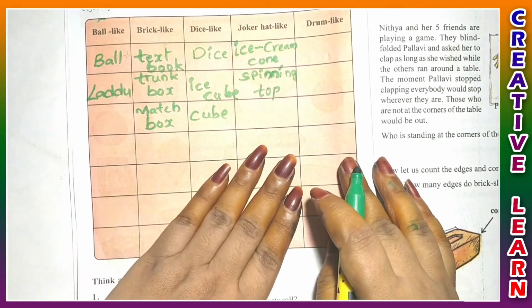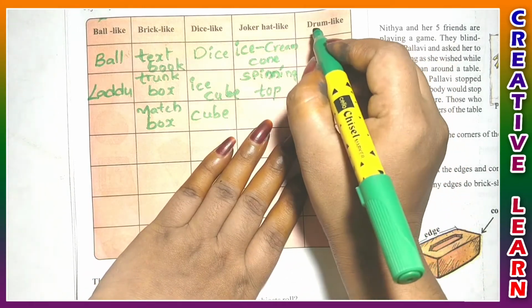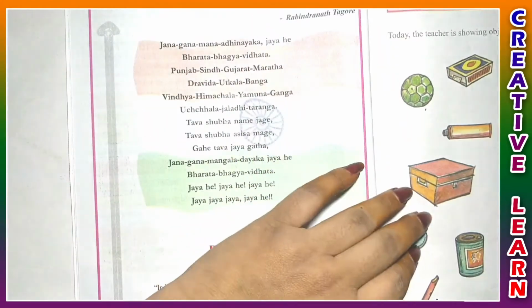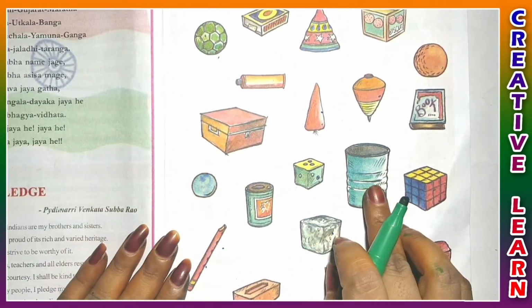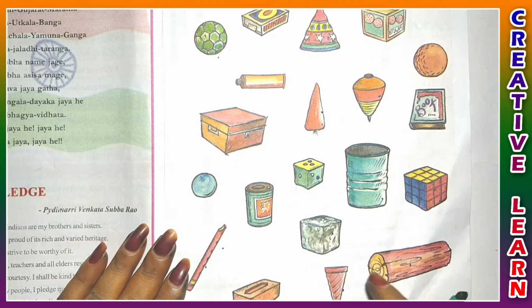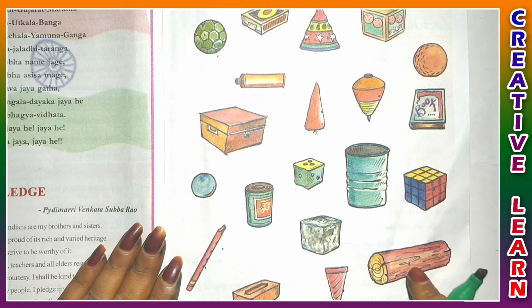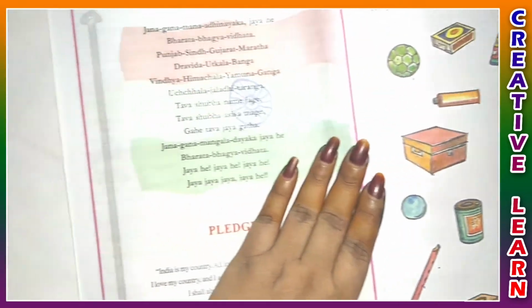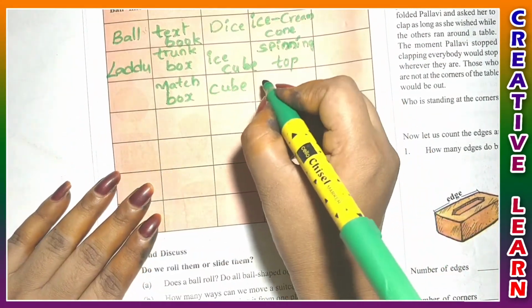So many there. Here I am giving just two examples. Drum like. Drum like means here we have drum, can, log. Joker hat means here carrot also came.